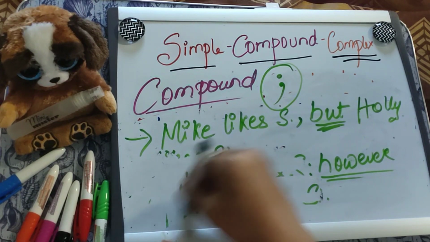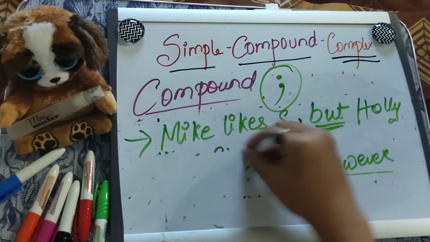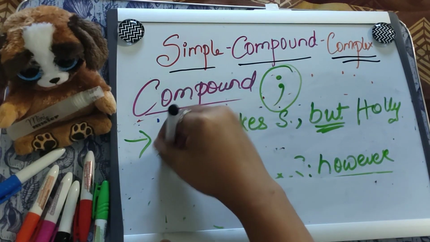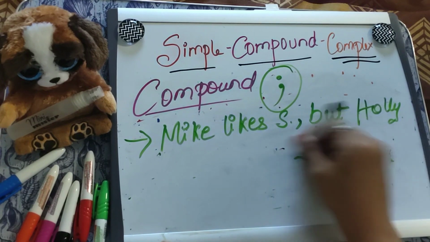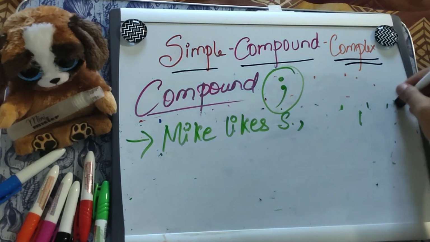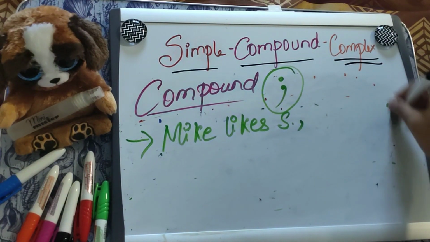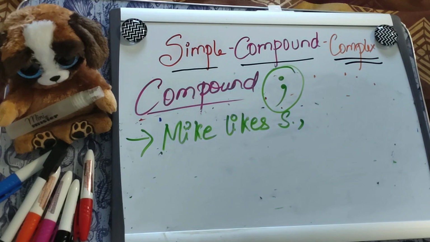I will use the same example and show you what it can be if we are using a semicolon. The first part will remain as is, so that is Mike likes swimming.